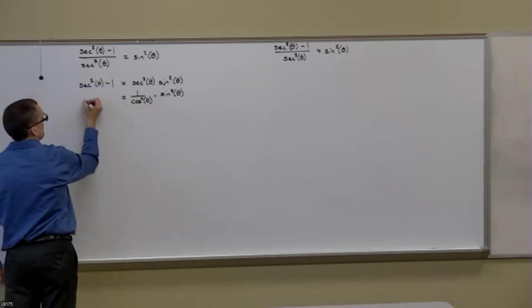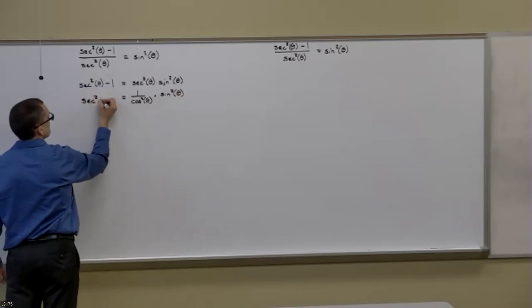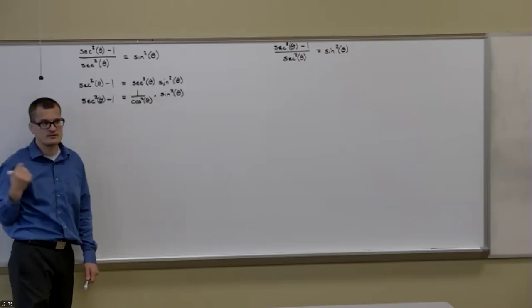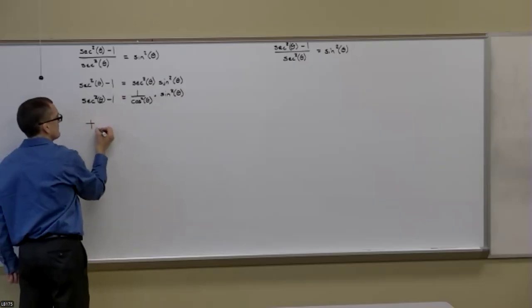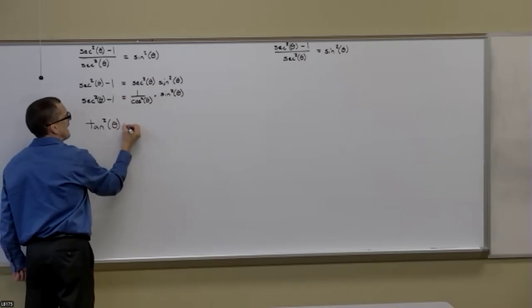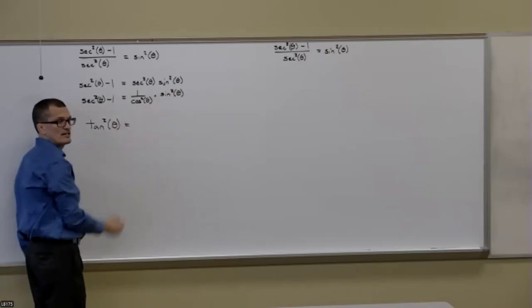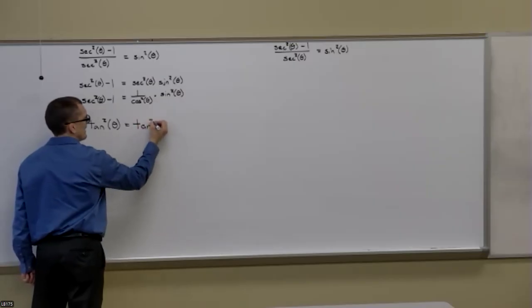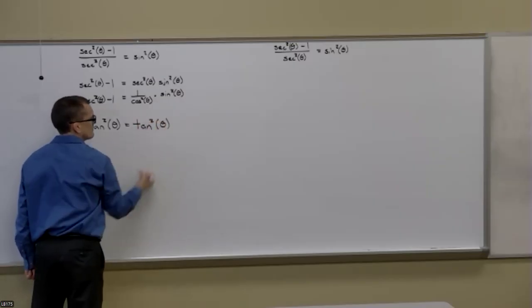Secant squared minus 1, we just said that's tangent squared of theta earlier. So that's tangent squared of theta on the left. And this is sine squared divided by cosine squared, which is also tangent squared of theta on the right.